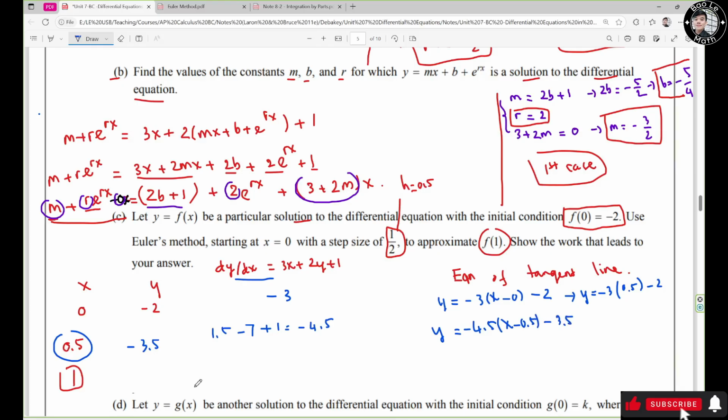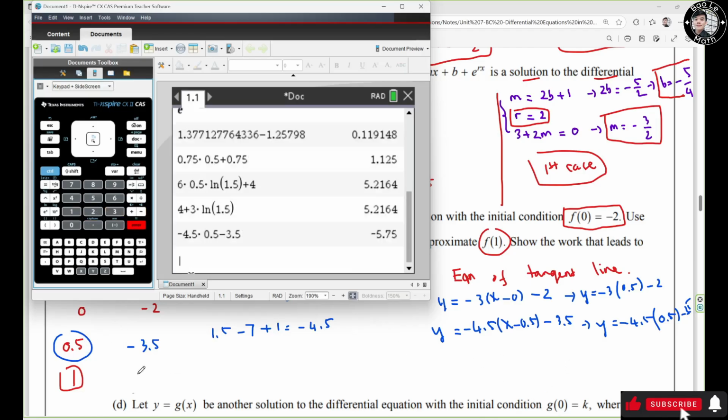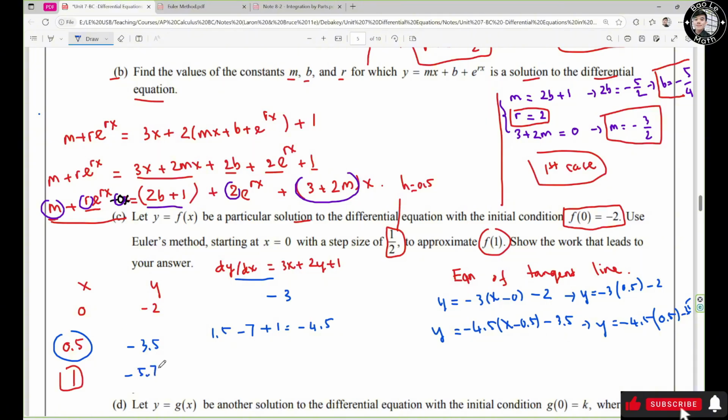I substitute 1 for s, so it's going to be y equals -4.5 times 1 subtract 0.5 is going to be 0.5 subtract 3.5, right? So you have -4.5 times 0.5 subtract 3.5. Enter. The answer is negative 5.75. This one is the final answer.